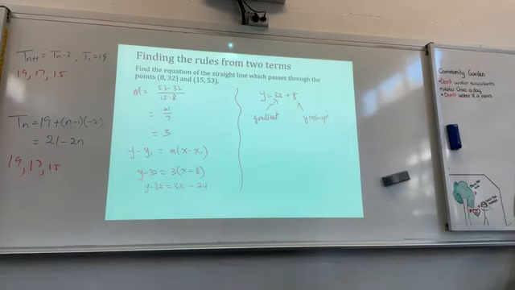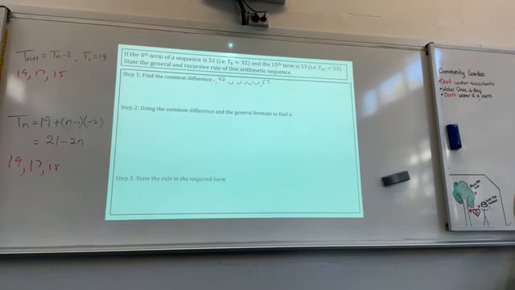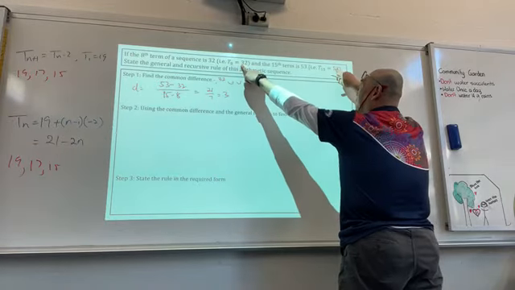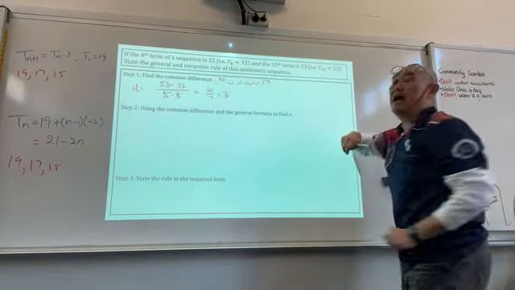So the common difference d is 53 minus 32 over 15 minus 8, which is 21 over 7, therefore 3. So you could actually use your gradient formula to find your common difference, where the terms are the y and the n is the x.